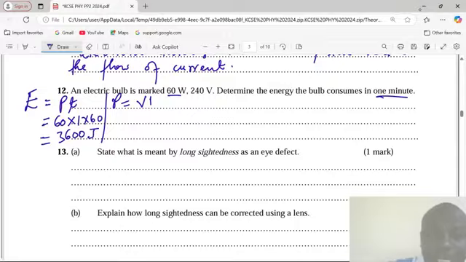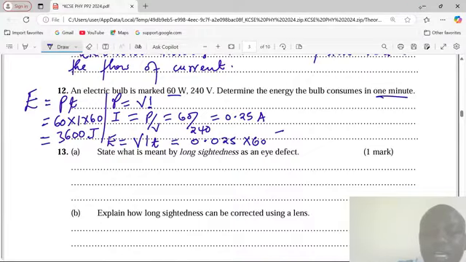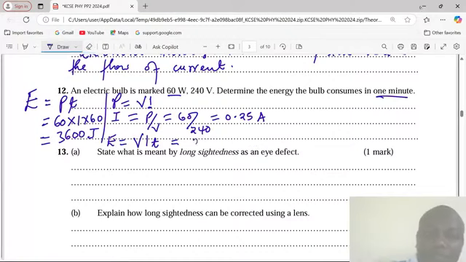Therefore, the current is going to be given by power over V, which is 60 out of 240, which is 0.25 amperes. Now we can see that energy is given by, instead of P, VI, then times T. So it is V times I times T, where V is 240, I is current 0.25, and T is 60.